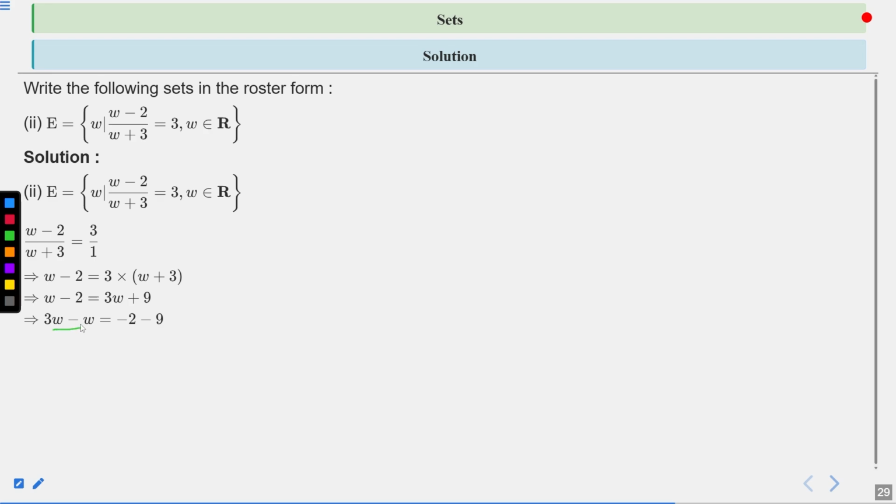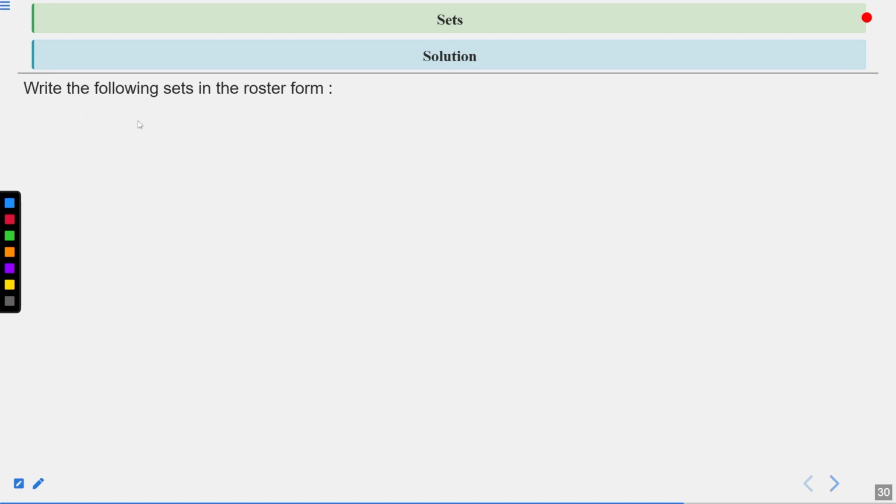So 3w minus w is equal to minus 2 minus 9. Sorry, 2w is equal to minus 11, which gives w equal to minus 11 by 2. So the only solution for the given equation is minus 11 by 2, which belongs to the set of reals. Therefore, this roster form is simply a singleton set, a set containing only a single element, minus 11 by 2. Clear? Moving on to the next part.